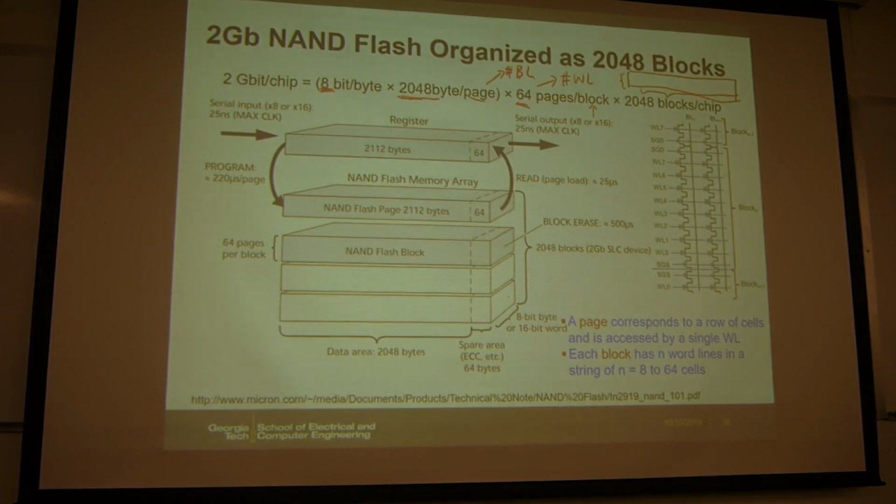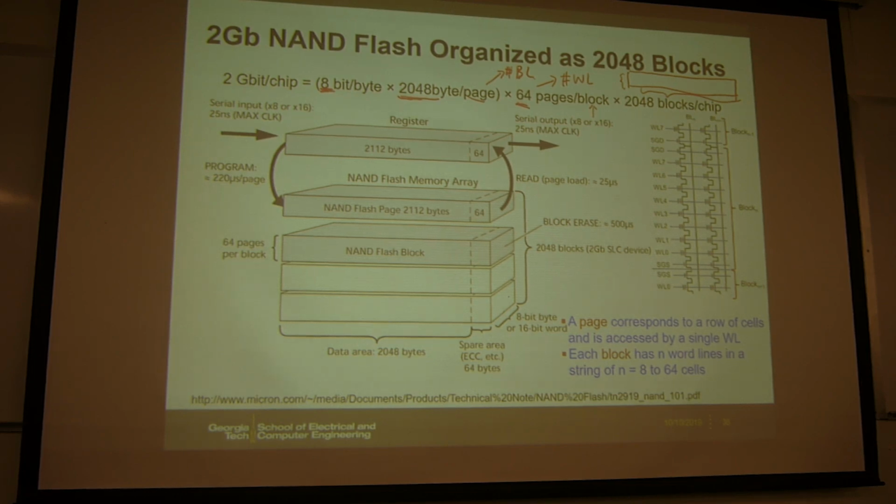So the NAND flash is very rectangular. It's not like SRAM, where you may have 128 by 128. This one is like 64 by 16,000, something like that. So there's a reason behind this. We can talk about that later.